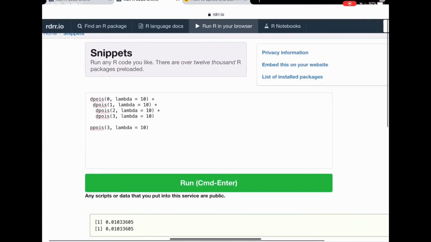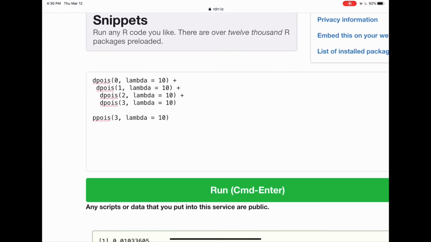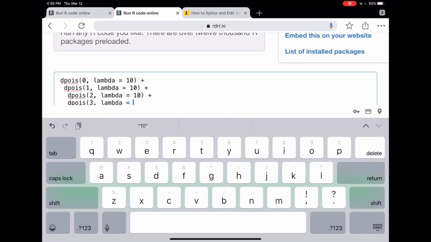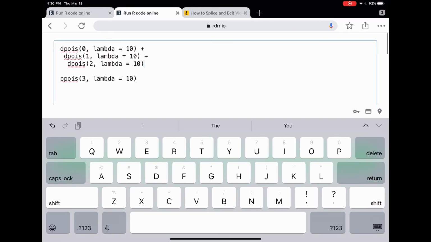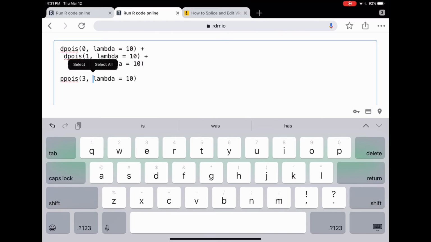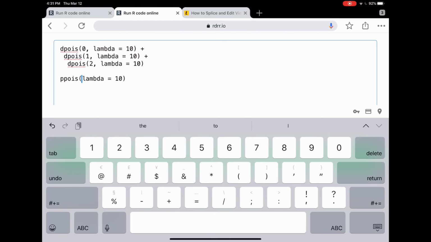Okay, then, if we take this line out, we'll have the probability that it's less than or equal to 2. And I'll just compute it here again to verify that I'm adding up the densities as well.